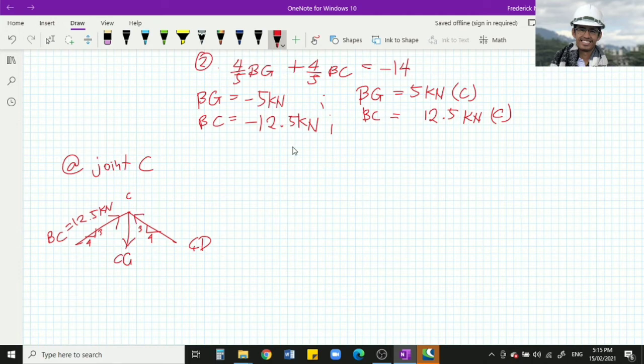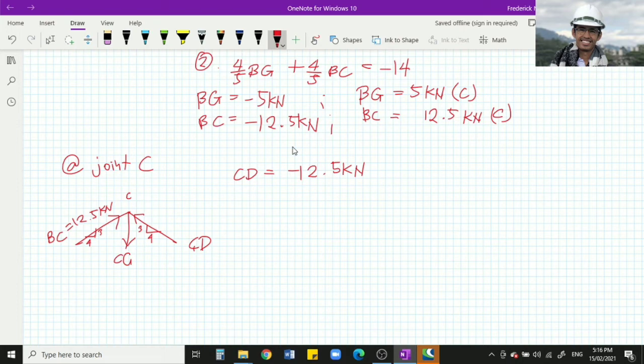So itong value natin CD magiging symmetrical sila, so same din compression yung magiging CD natin, okay? So yung CD natin magiging same din, negative 12.5 kilonewton. Pwede nyo i-check ito, mag-summation forces horizontal kayo, okay? So pero dahil symmetrical siya, same din lalabas yan kahit i-compute nyo pa. So negative 12.5 kilonewton compression din, okay?